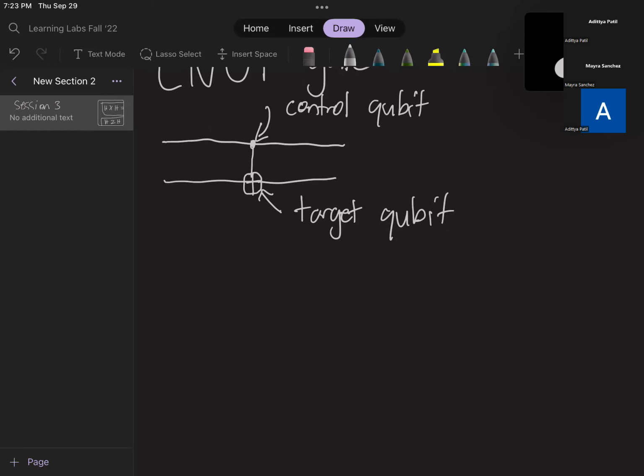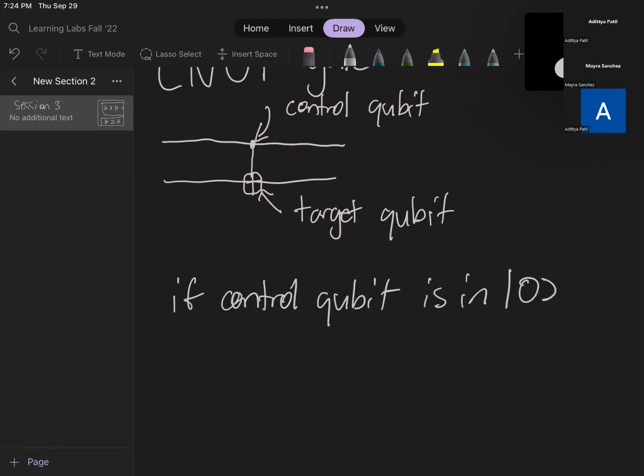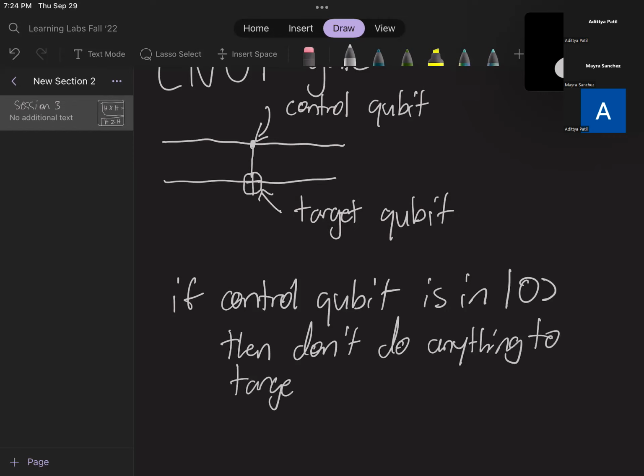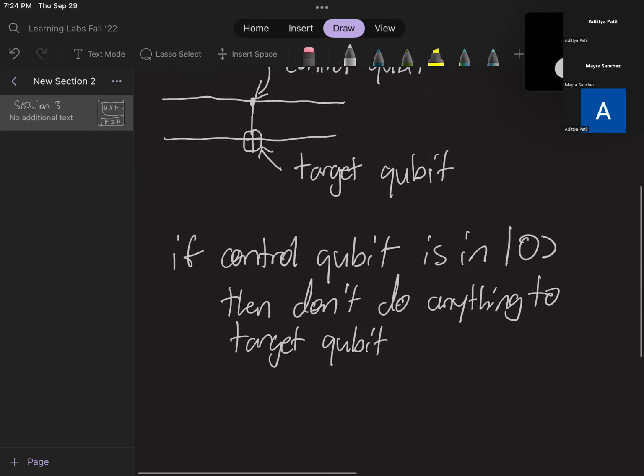If our control qubit is in the 0 state, then don't do anything.